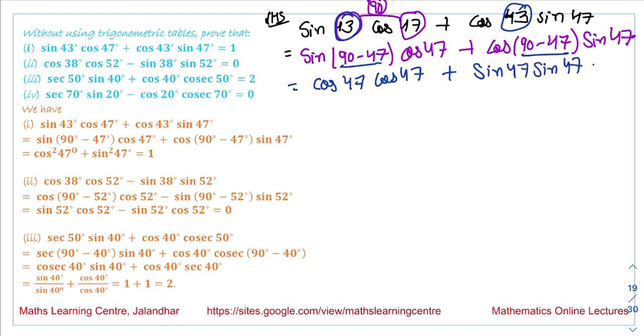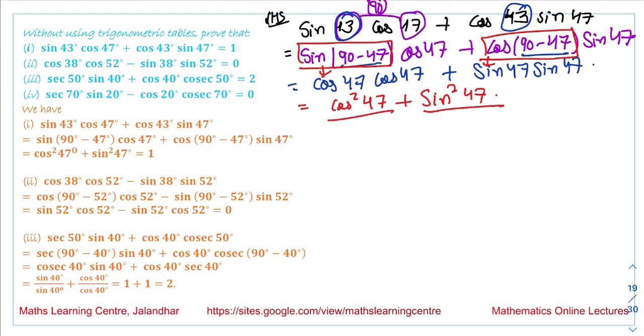What formula are we using? It is sin of 90 minus theta is cos theta, and cos of 90 minus theta is sin theta. This is cos square 47 plus sin square 47. Now the identity that we know is sin square theta plus cos square theta equal to 1. So we get that this is equal to the RHS of this equation.